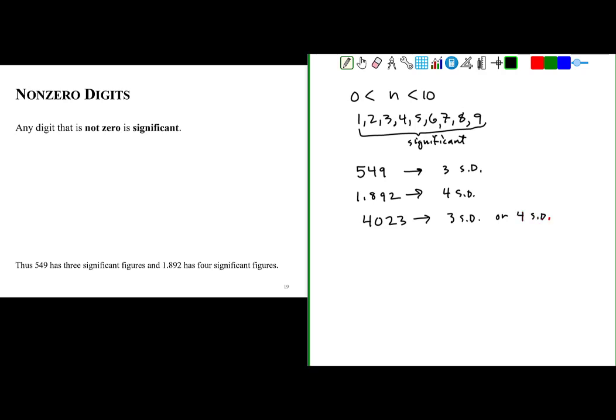We're going to know for sure soon. But right now, with the rules that we have, we know that non-zero numbers are significant. So we know this has at least 3 significant digits. Same thing with the number 420. The number 420 has at least 2 significant digits. The reason why I say at least is we don't know how to handle that 0 yet, but we do know 4 and 2 are significant.